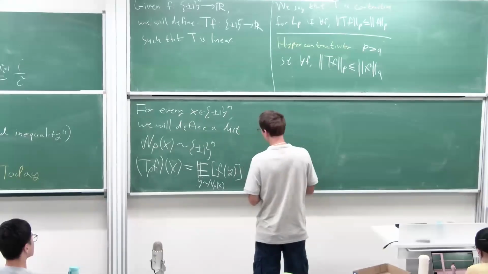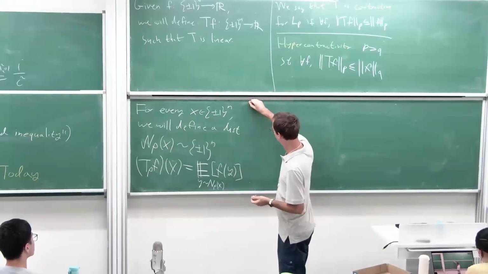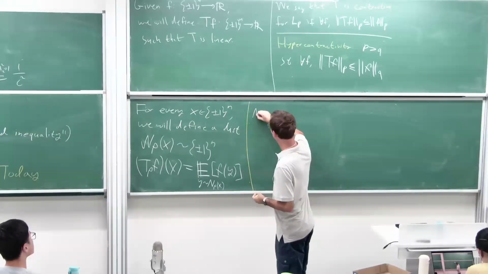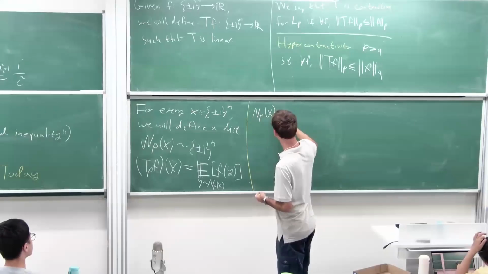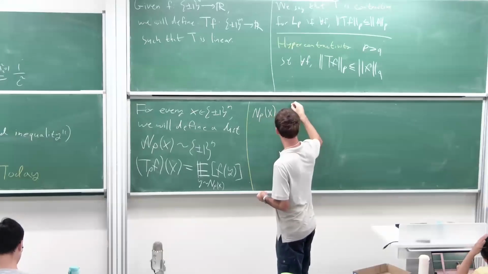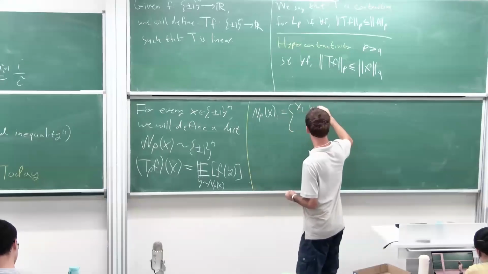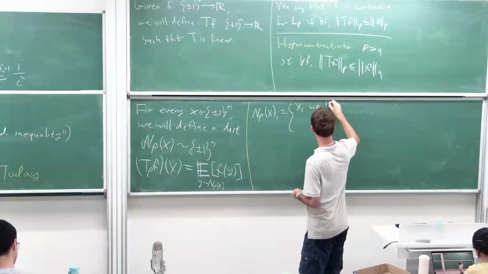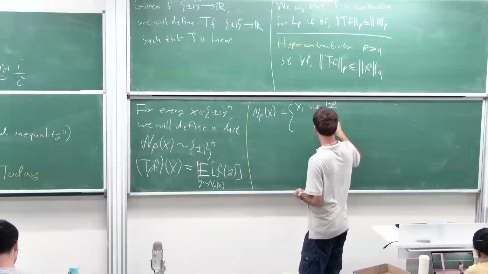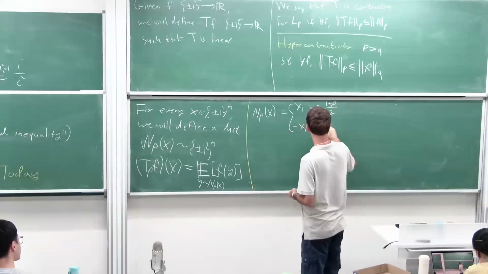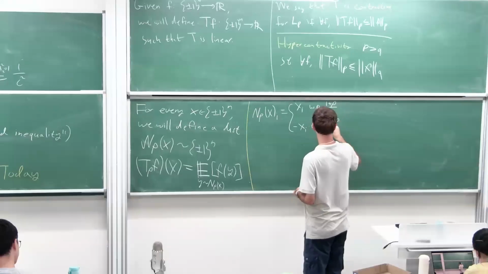Okay, but I still need to tell you what this N_rho is. N_rho(x) at the point i is x_i with probability (1 plus rho) over 2 and minus x_i with probability (1 minus rho) over 2.